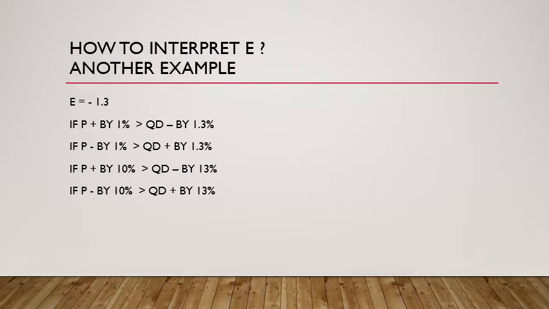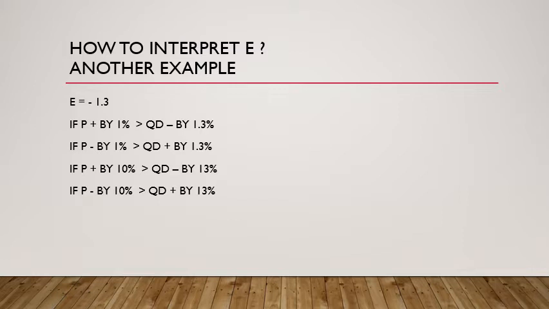Let's take another example. Once again, what I'm doing is showing you how to interpret the price elasticity of demand coefficients. So in this case, the price elasticity of demand coefficient is negative 1.3. So if the price goes up by 1%, again, where the hell did I get that 1% from?